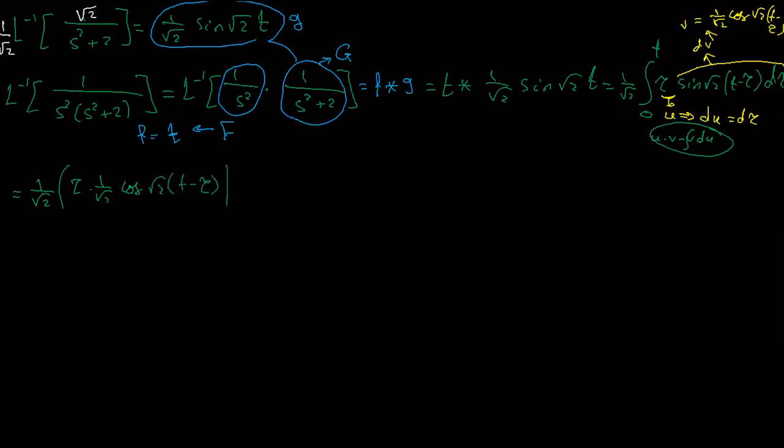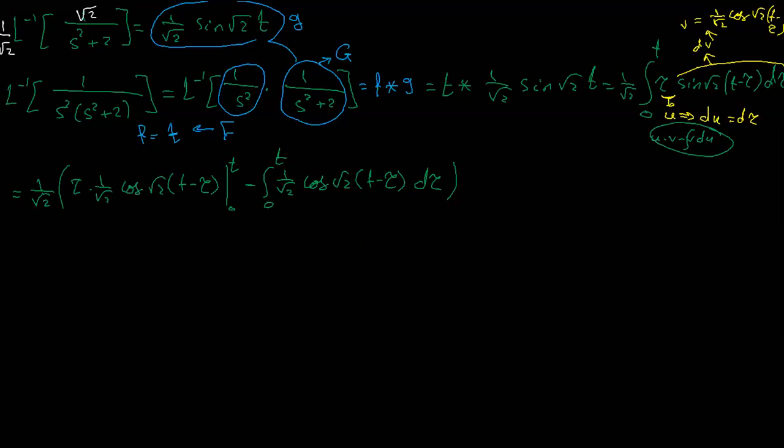Don't forget your boundaries from 0 to t, minus the integral of v, which is 1 over root 2 cosine root 2 (t minus tau), times du, which is d tau. Don't forget the boundaries of your integral.